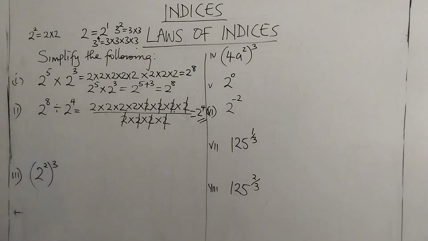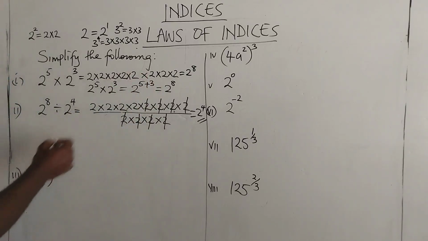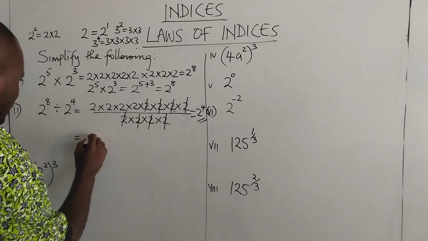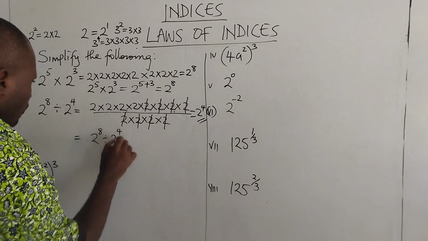Now, there is a law called division law. Division law is saying that, though this is correct, very correct, you can shorten the process this way. Instead of doing this, you will now say 2 raised to power 8 divided by 2 raised to power 4.